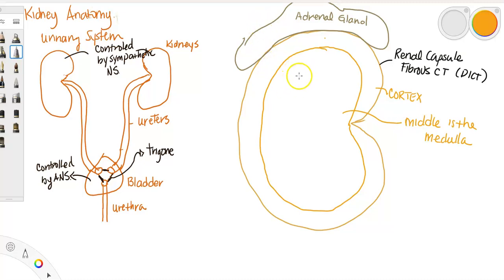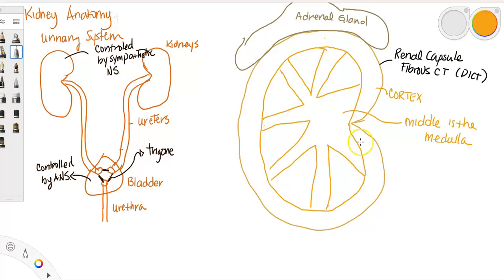Okay, sort of go like that. All right, and in the medulla we have little areas here that look like pizza slices, and these little triangles here are called the renal pyramids.